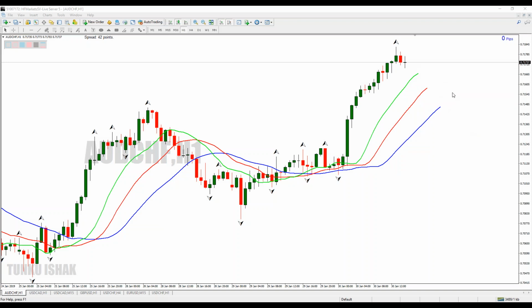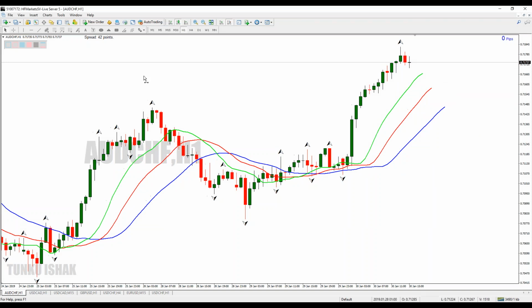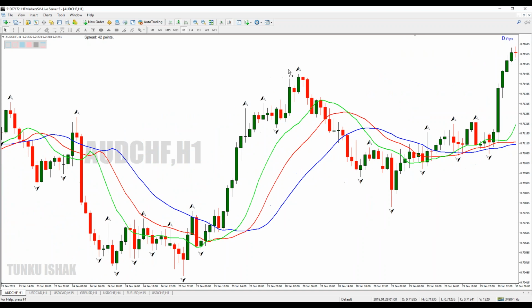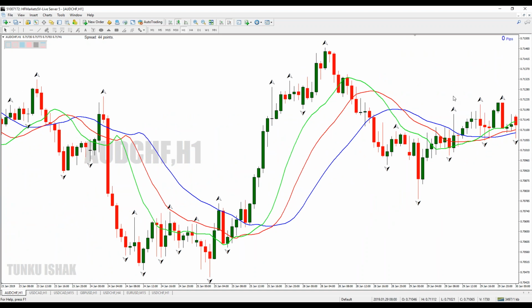Because this concept is actually more on the breakout strategy. Okay, more on the breakout strategy like this one. Okay, lips cross the jaw here. Where is the lip cross the jaw? This candle, at this price.